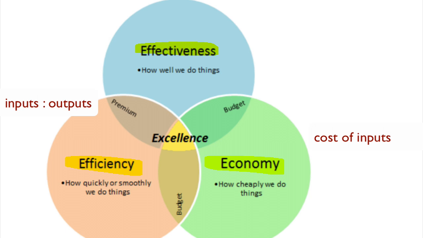So relatively large classes are technically efficient because you've got one resource at the front of the room, the tutor, teaching lots and lots and lots of people, in other words, producing lots and lots of educated students. Now, the thing you've got to watch out for with efficiency is you don't push it too far, because if you're overly efficient, in other words, if your class sizes are too big, you end up compromising on effectiveness. And effectiveness is the quality of outputs.